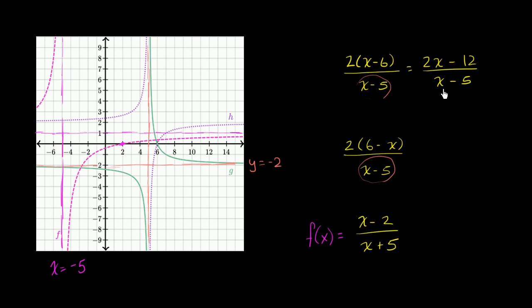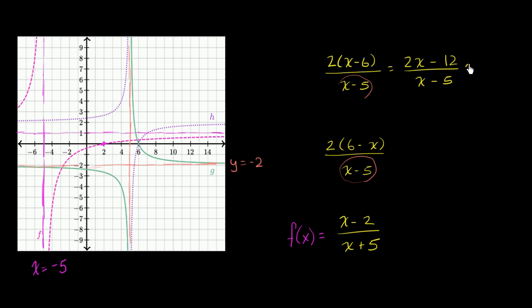For very large x's, the negative 12 and the negative 5 aren't going to matter as much. So as x approaches infinity, this is approximately 2x over x, which is approximately 2.